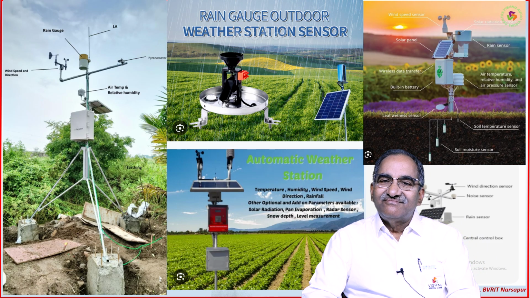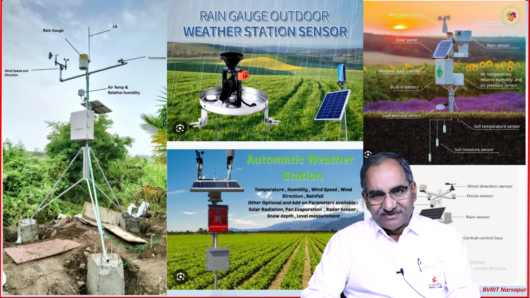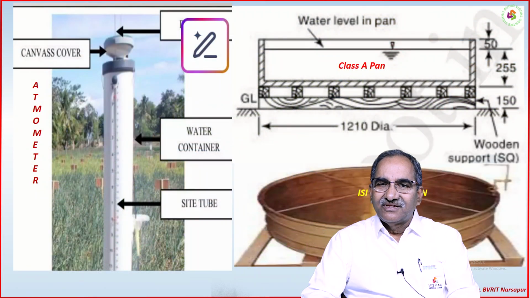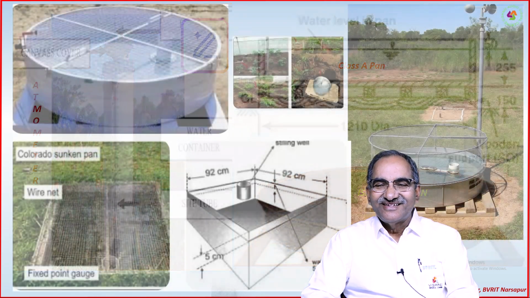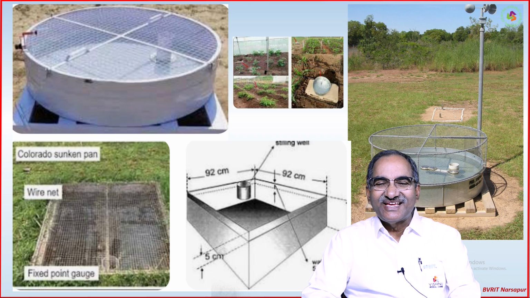So finally we have completed the various methods of measurement of evaporation. When you are experimentally doing it by evaporation pans, we call it measurement. If you are estimating it using empirical methods, it is an estimation.